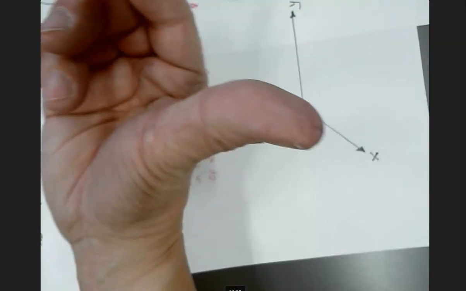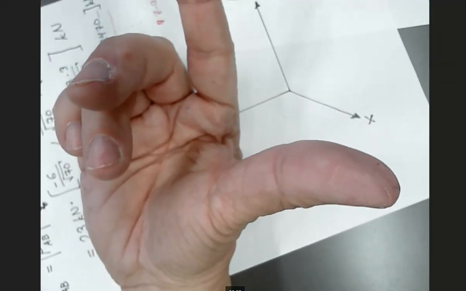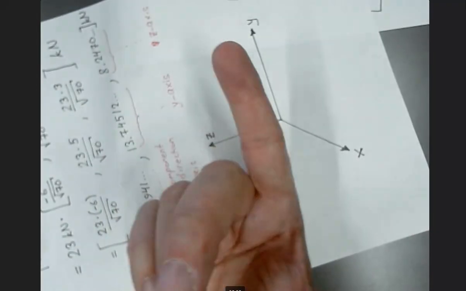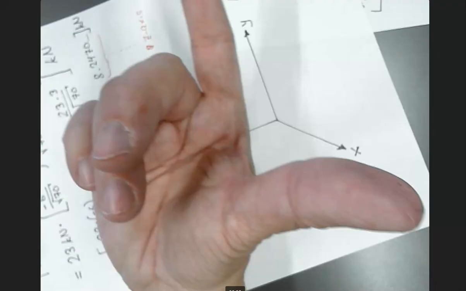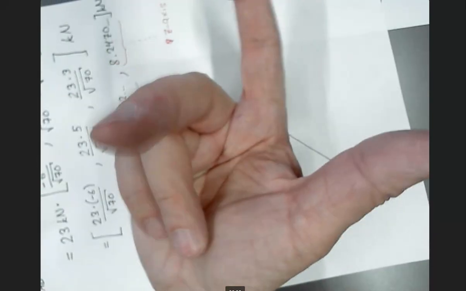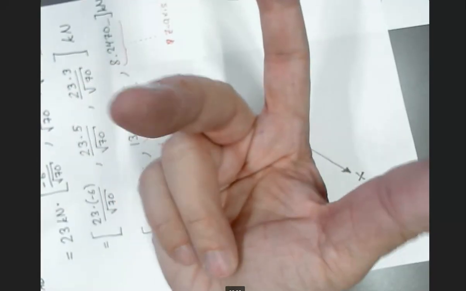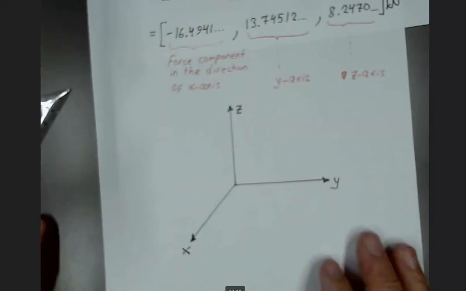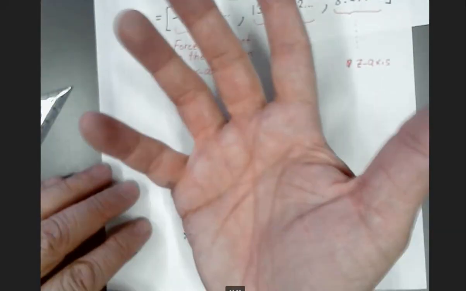My thumb is pointing in the direction of the x-axis, my index finger is pointing in the direction of the y-axis, and the middle finger will point in the direction of the positive z-axis. So this is the right-hand system. This is my right hand here.